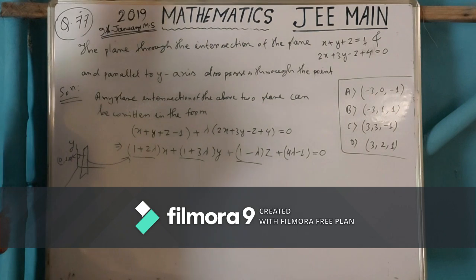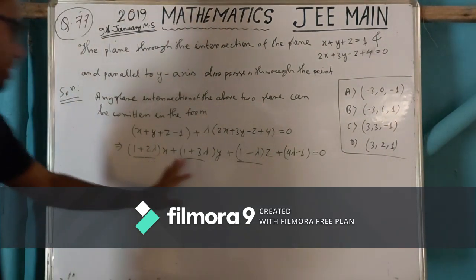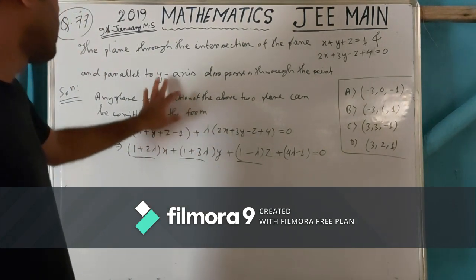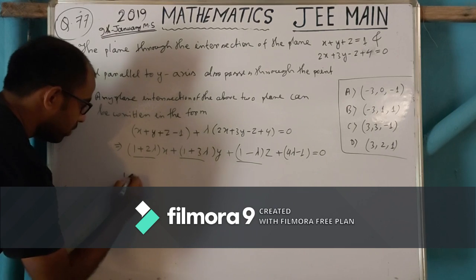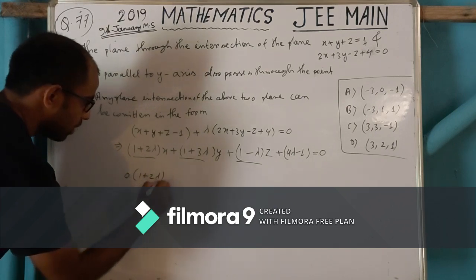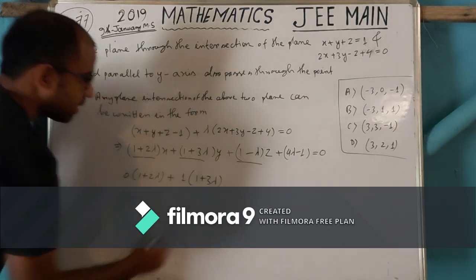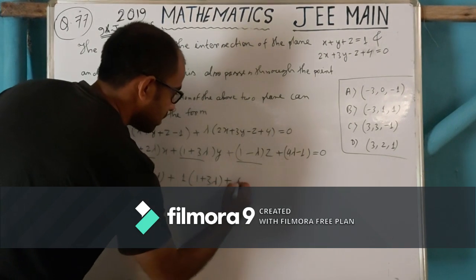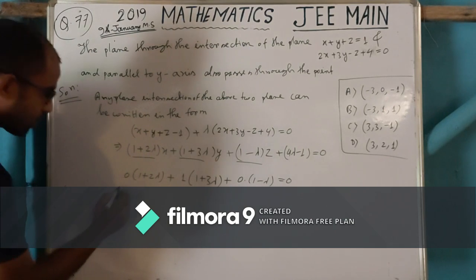So we can say, since this plane is parallel to the y-axis, we can write 1 into 0 into 1 plus 2 lambda into 1 plus 3 lambda, 0 into 1 minus lambda equal to 0.